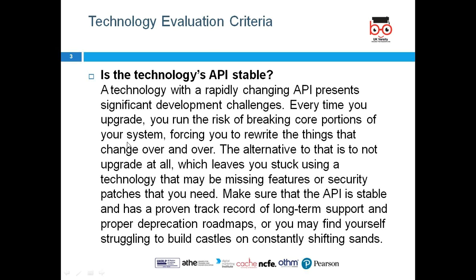Number one point is: is the technology's API stable? You would be asking the question if you want to use the technology. API is the application programming interface.